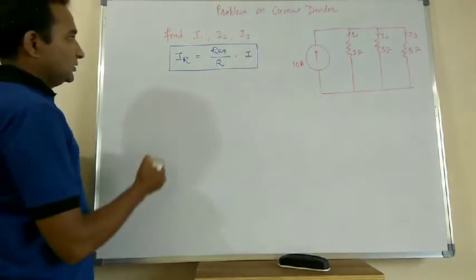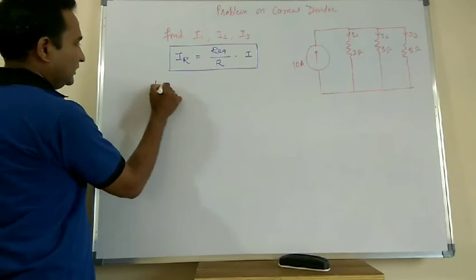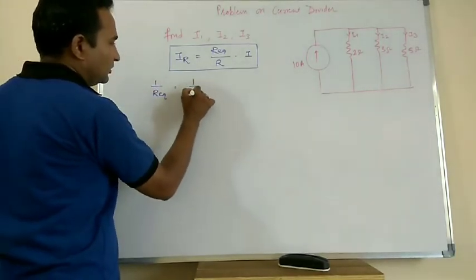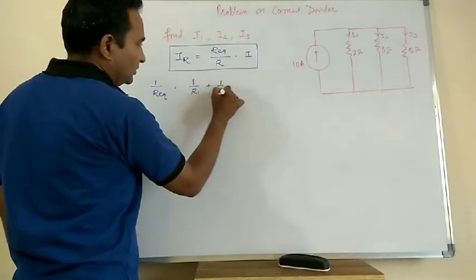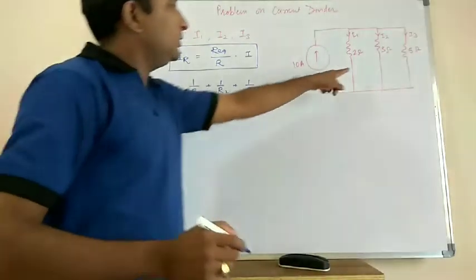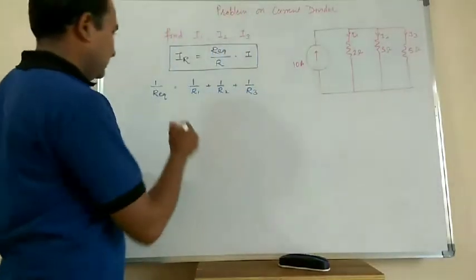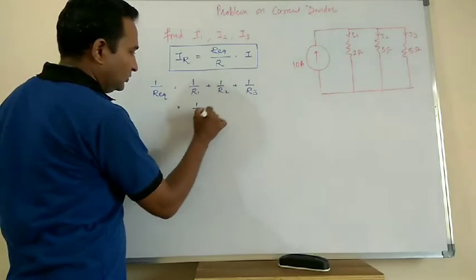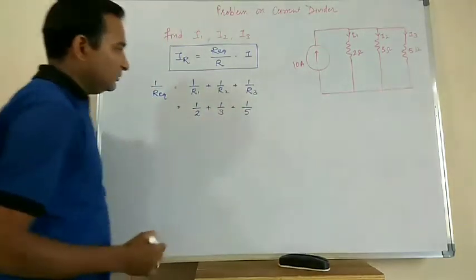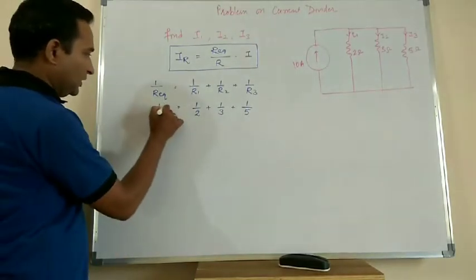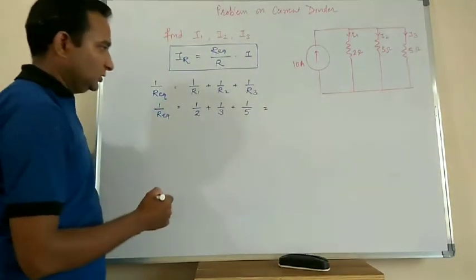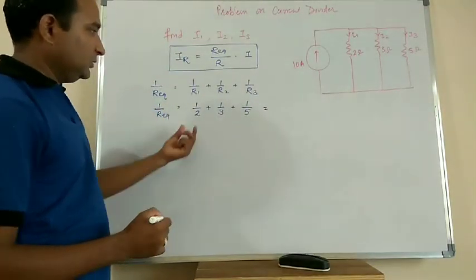Now in this case, 1 upon R equivalent is equal to 1 upon R1 plus 1 upon R2 plus 1 upon R3, that is the parallel combination of R1, R2 and R3, which is equal to 1 by 2 plus 1 by 3 plus 1 by 5. So 1 upon R equivalent is equal to, what is the value?